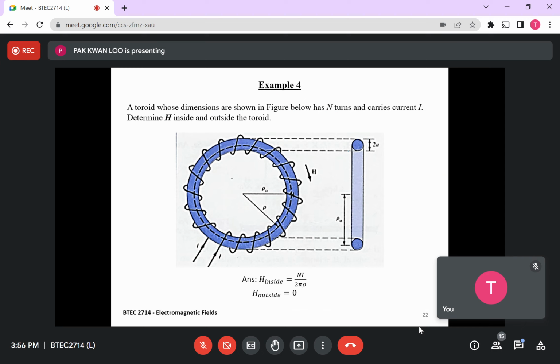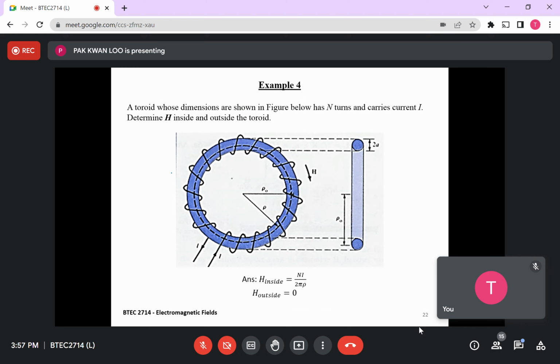So the diameter of this is 2a, and therefore the radius of this is a, right? So the area is pi a squared. We want to determine the magnetic field inside and outside the toroid.